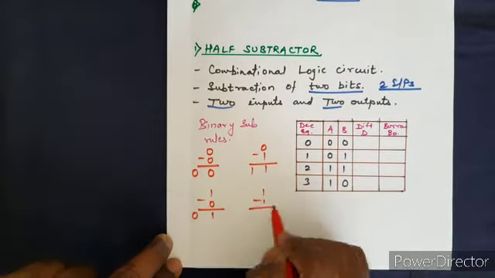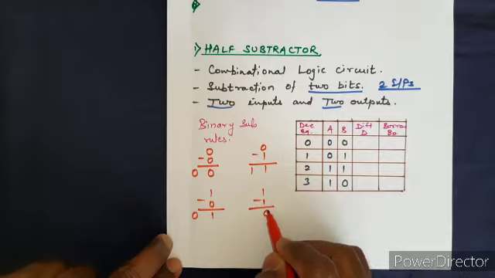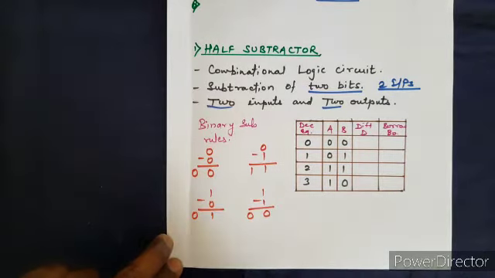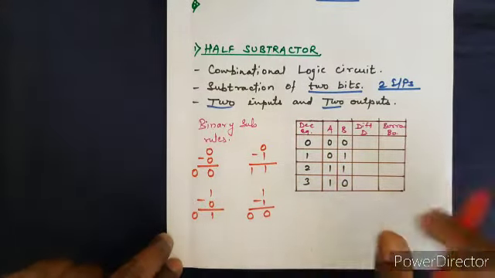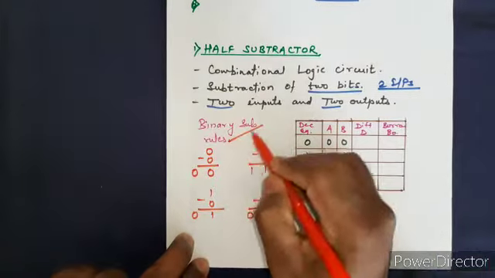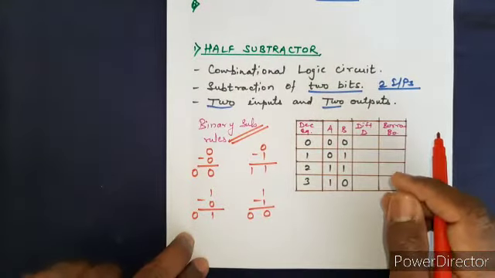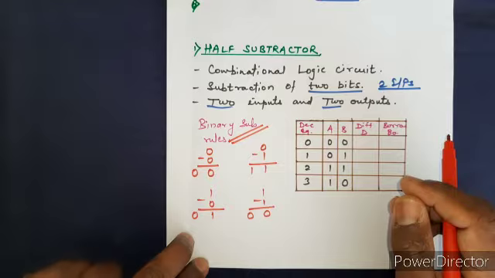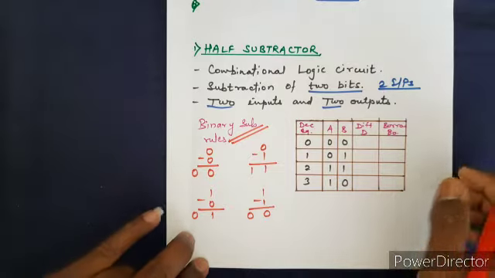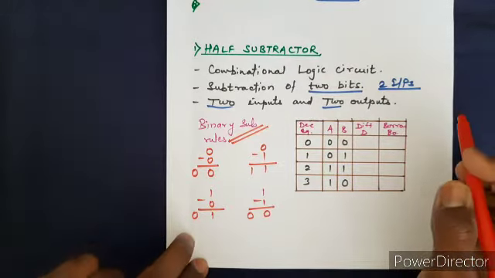And 1 minus 1: 0 and 0. These binary subtraction rules we have already discussed in our earlier lectures, in the first chapter. So the same we will be using here.